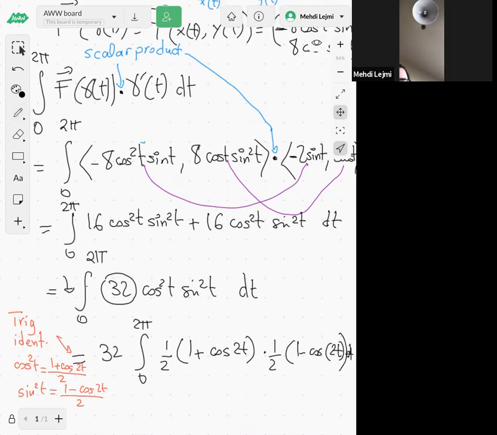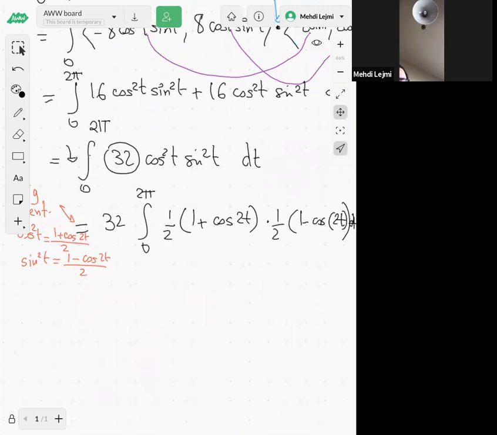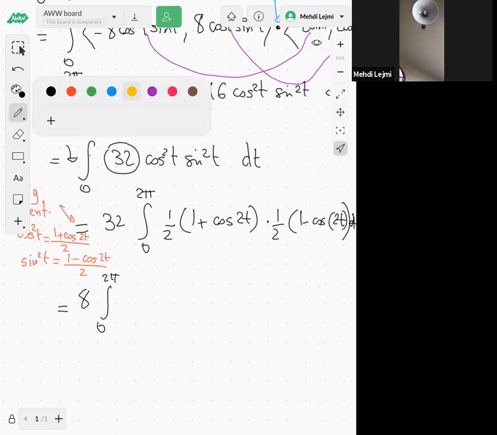So this would be equal to half times half, that will be 1/4, times 32, that will be 8 outside. So it's 8 now, 0 to pi. This is a plus b times a minus b, right? So that will be a square minus b square.